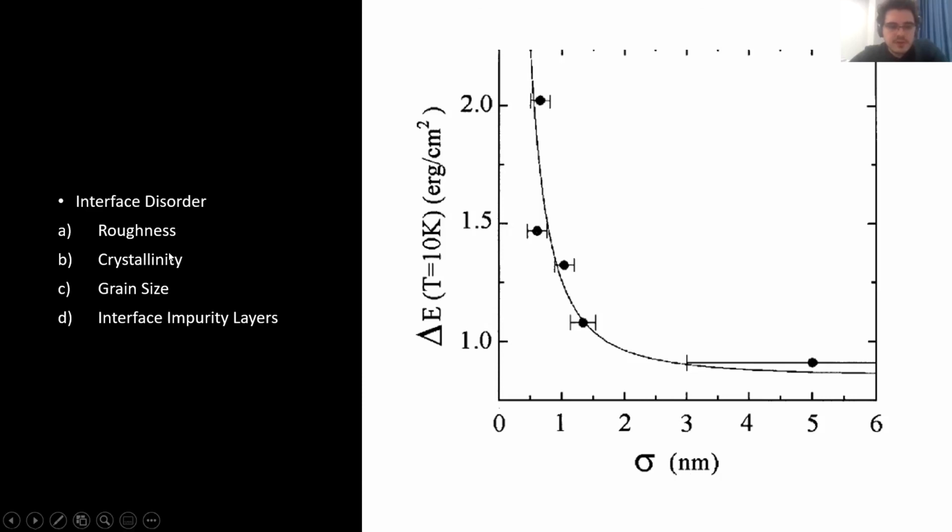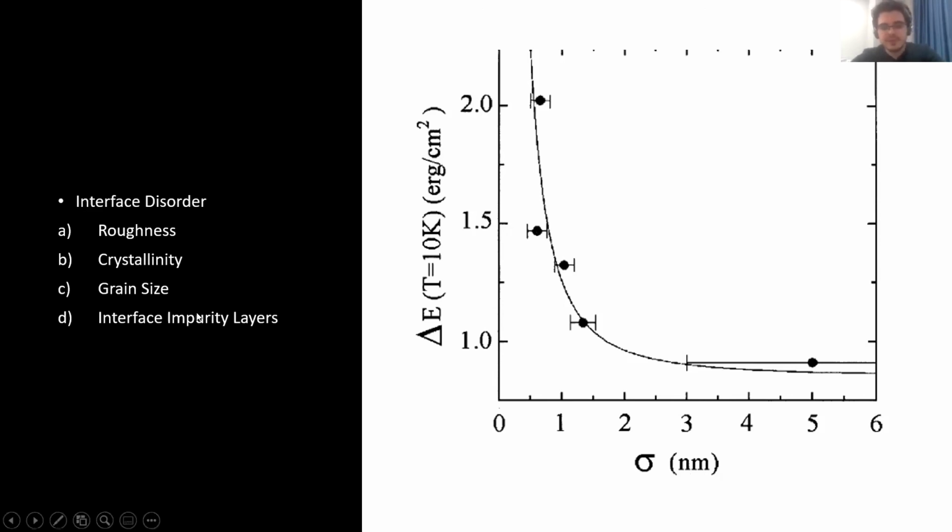Crystallinity also affects exchange bias, as AFM spins are oriented in a single direction. Increasing crystallinity increases the exchange field. Also, grain size, as we showed before, is a part of interface disorder and affects the exchange bias field.